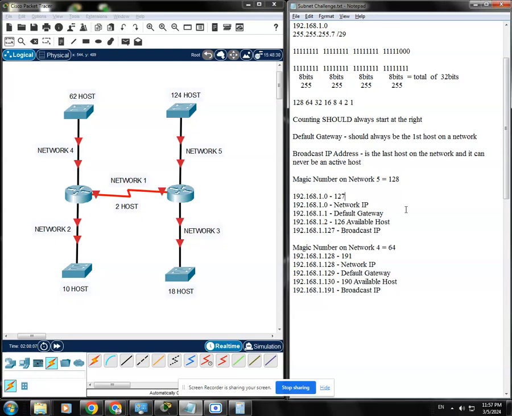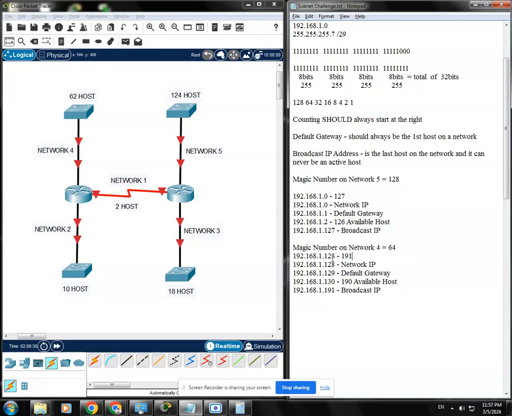That next IP address will be 192.168.1.128, and we need 64 hosts. That's why we counted from 128 to 191, including the 128. So that is a total of 64 hosts.